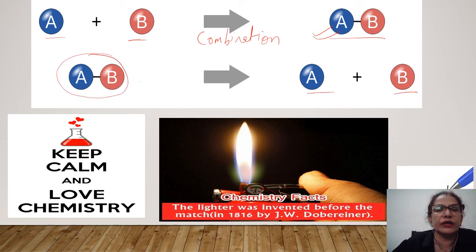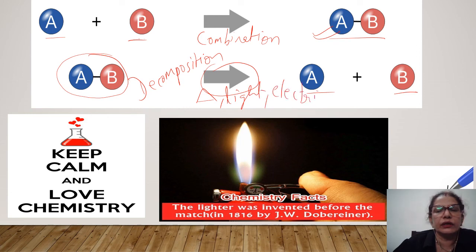So it is identified as a decomposition reaction. And if you have on the arrow mark either heat or light or electricity, then you can classify still further, saying whether it is thermal decomposition, photochemical decomposition or electrolytic decomposition.